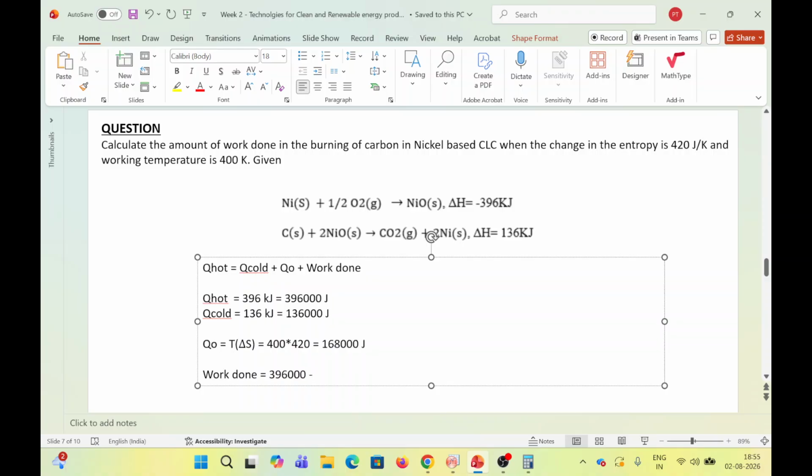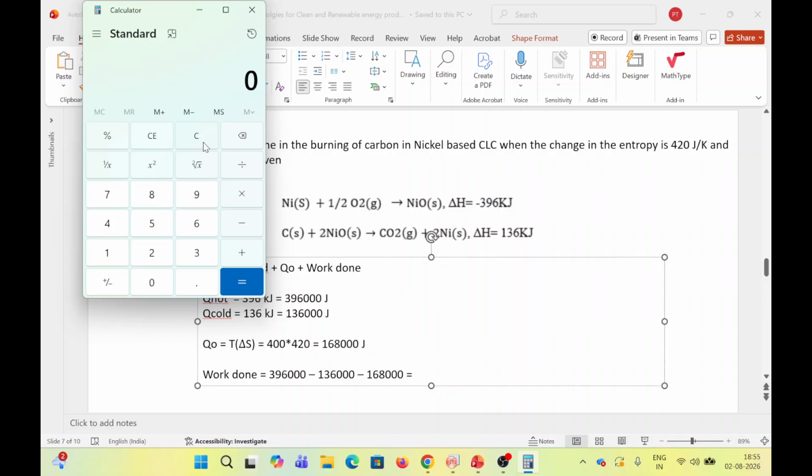396,000 minus 136,000 minus 168,000. So how much is that?